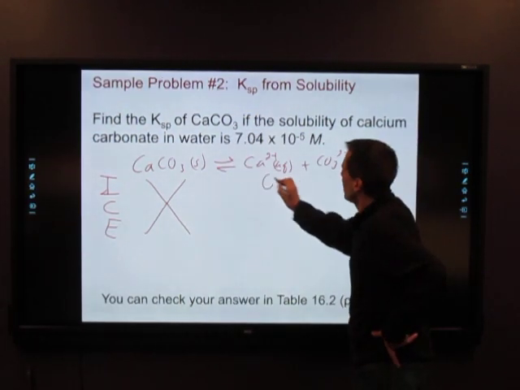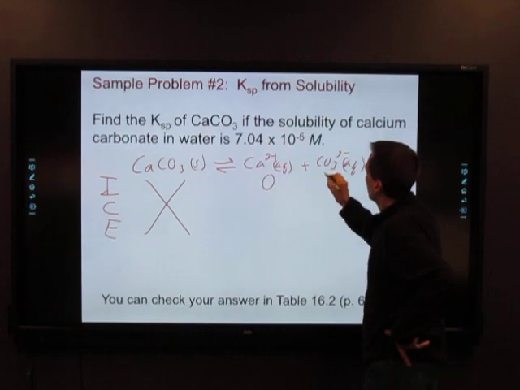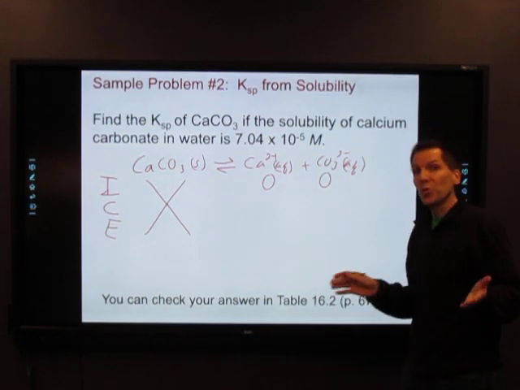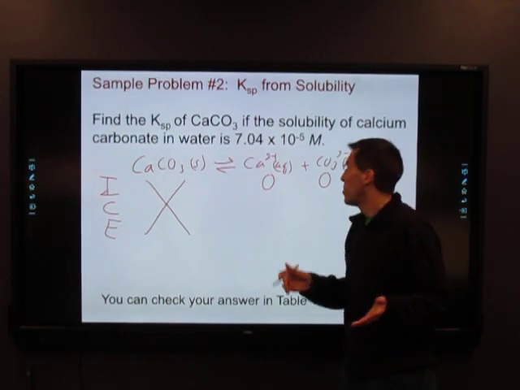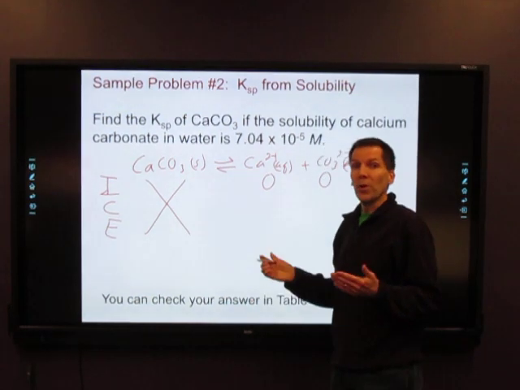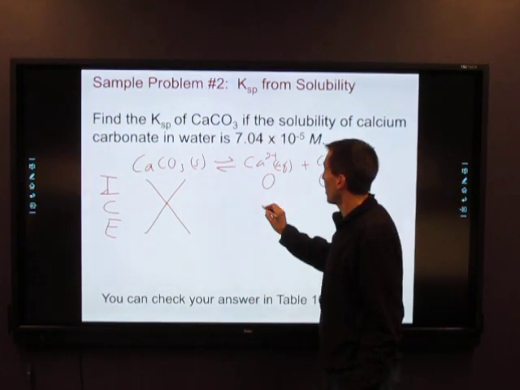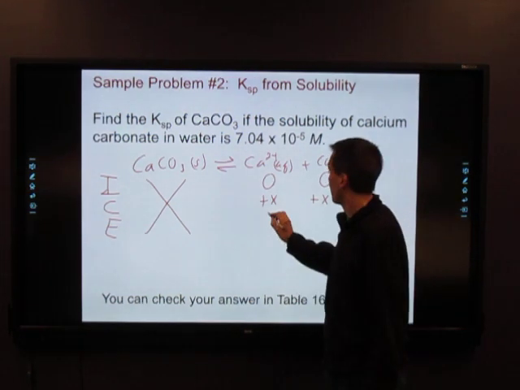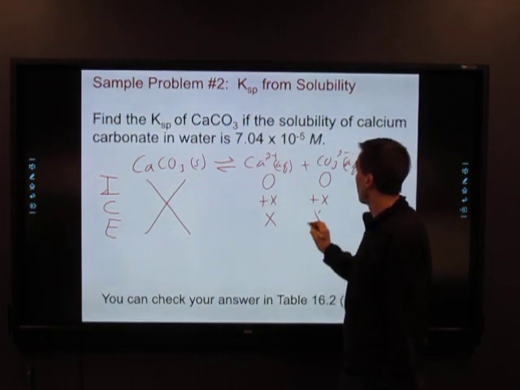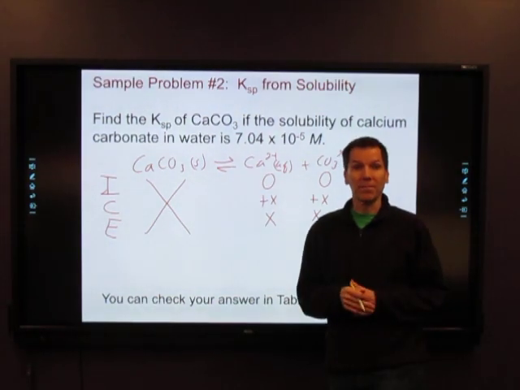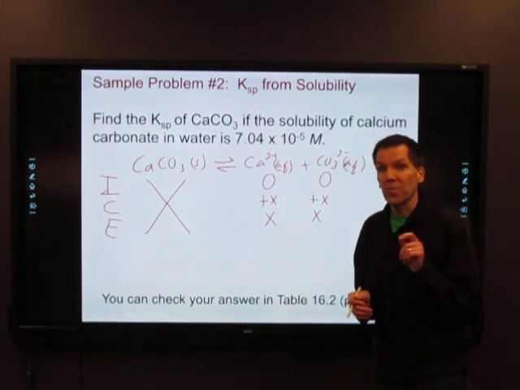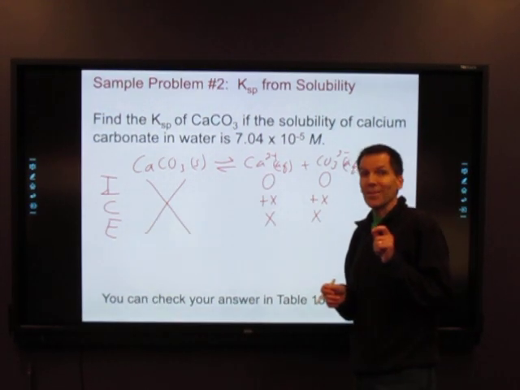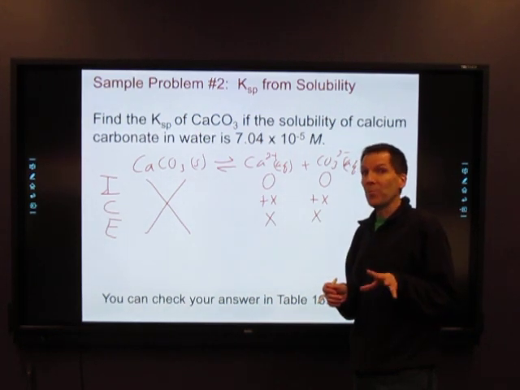We'll put zeros here, because in this problem, there's no starting material. We put our variables in, we have one-to-one stoichiometry, so this is plus x. At equilibrium, x. And so you'll see in a moment, this is as simple as these problems get.